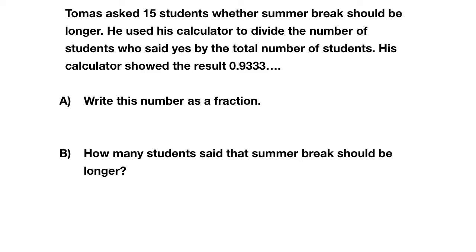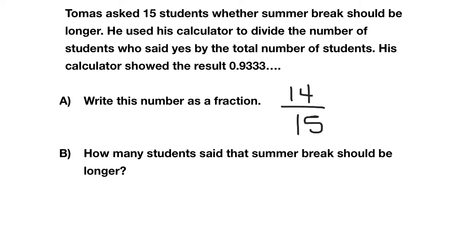Question 10. Thomas asked 15 students whether summer break should be longer. He used his calculator to divide the number of students who said yes by the total number of students. His calculator showed the result 0.93 repeated. Part A asks us to write this number as a fraction. When you use your calculator and the second PRB key, you get the fraction 14/15.